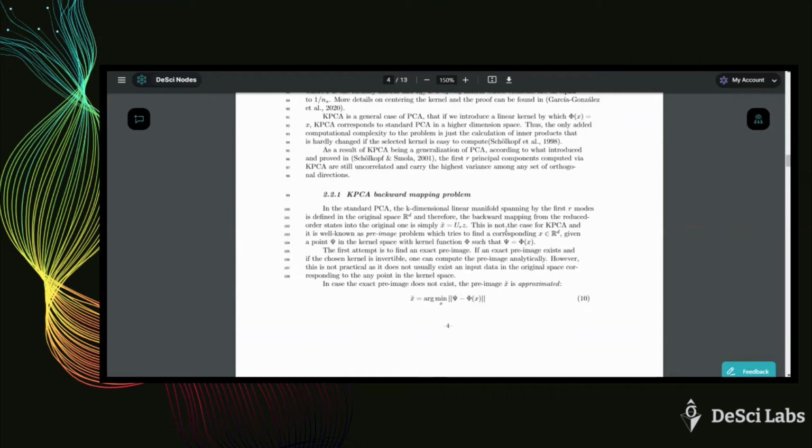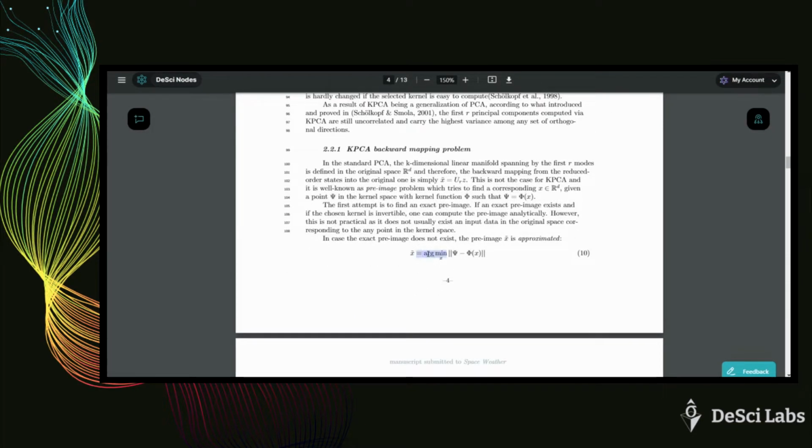So you need to formulate this problem in this manner. The idea is that you say, okay, I have this psi in the kernel Hilbert space in the reduced order states, and you also define this P as a mapping from the original space to the nonlinear space. And now you are finding this X such that you are minimizing this subtraction.